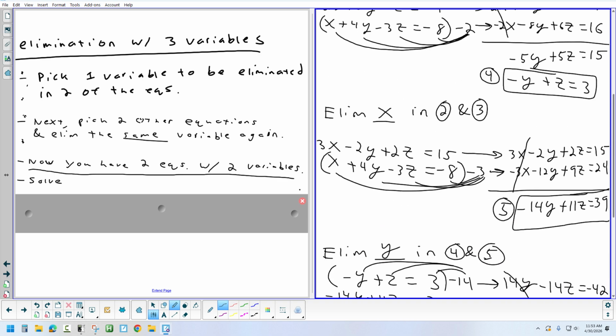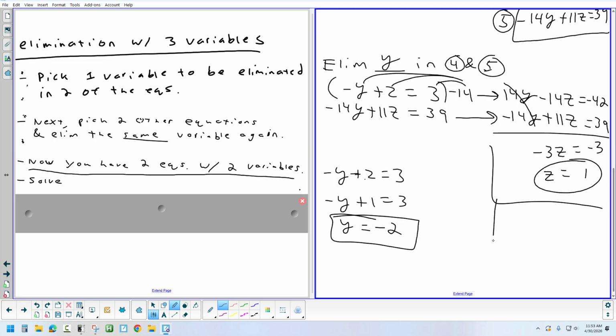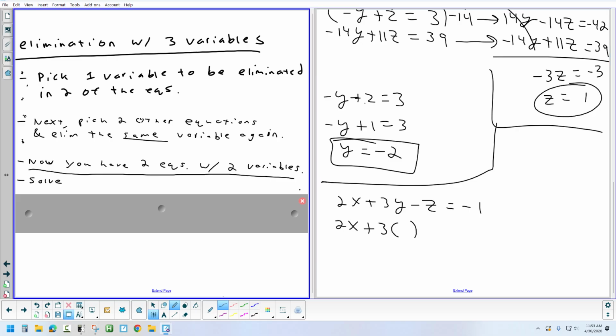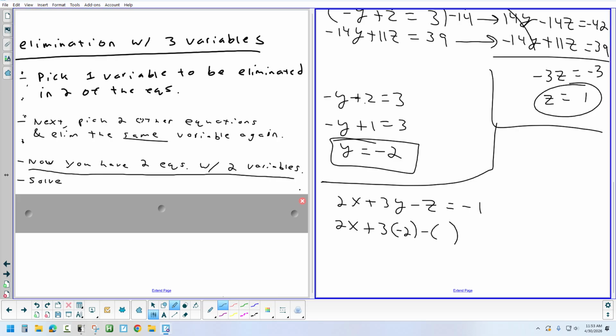2x plus 3y minus z. What was it equal to? -1. Okay. X we don't know. Y we know. Y is -2. And z we know. How much is z? 1.